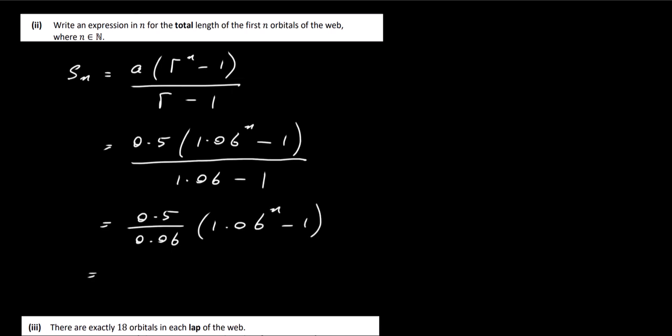And if you divide 0.06 into 0.5, it'll just simplify on your calculator to 25 over 3 times 1.06 to the power of n minus 1. So this is our sum of a geometric sequence. It's the total length of the first n orbitals in the web.